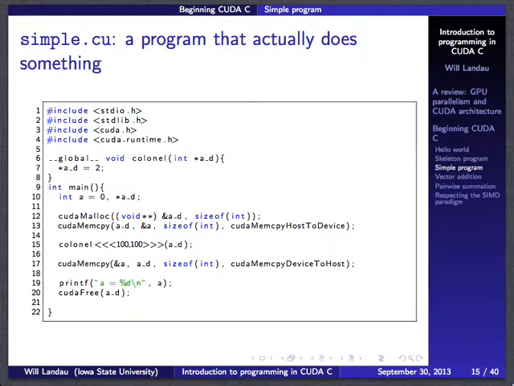And here's what happens in int main. I have this variable a, which I initialize to 0, and then this pointer to an int, a_d. Now, the subscript d is often used to denote variables that point to things on the device. So I could have a_h and a_d for host and device, respectively. That's a convention that's often used.